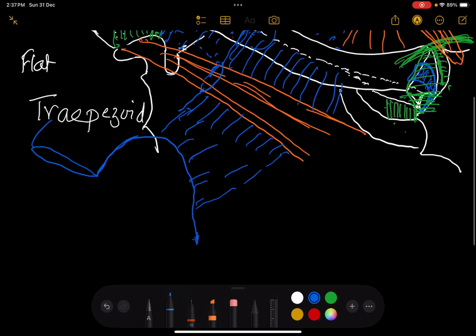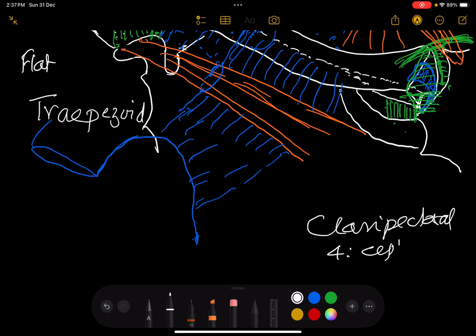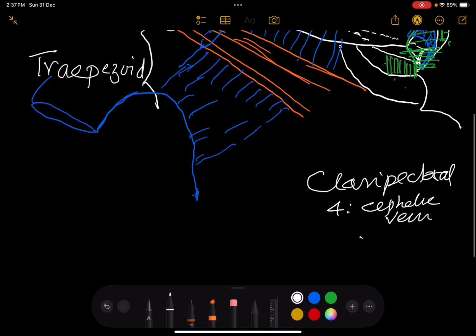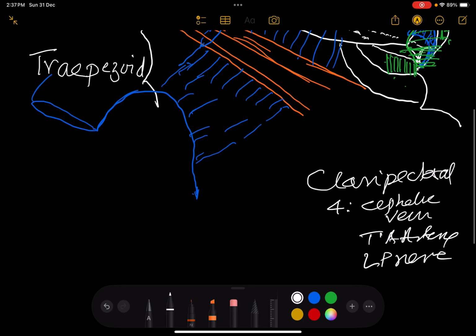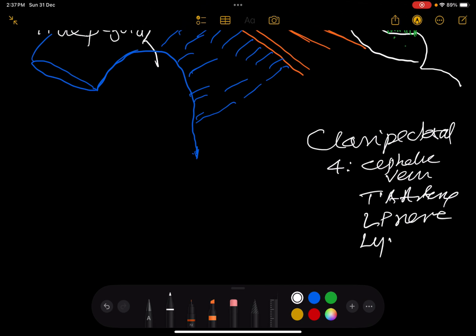This clavipectoral fascia is pierced by four structures: the cephalic vein, the thoracoacromial artery, the lateral pectoral nerve, and the lymphatic, which spreads the cancer from the breast to the axillary lymph nodes.